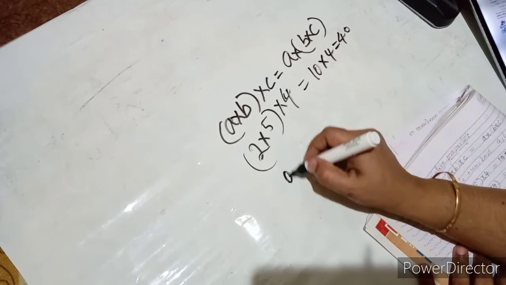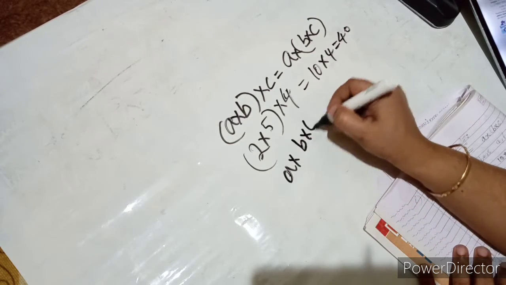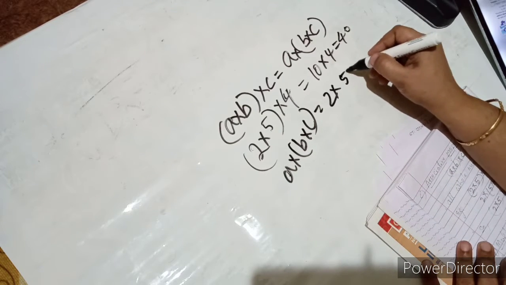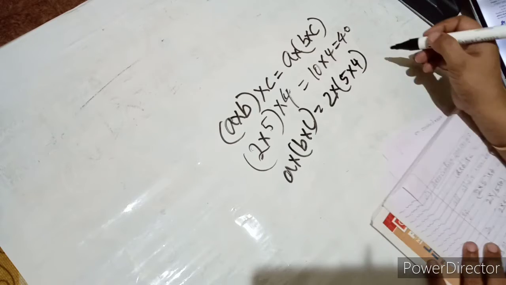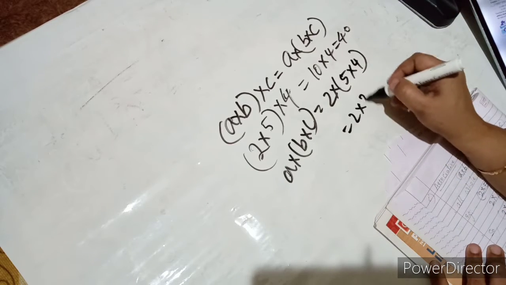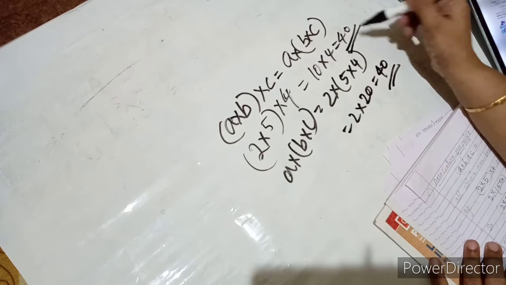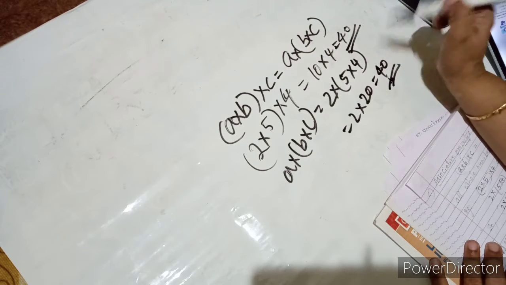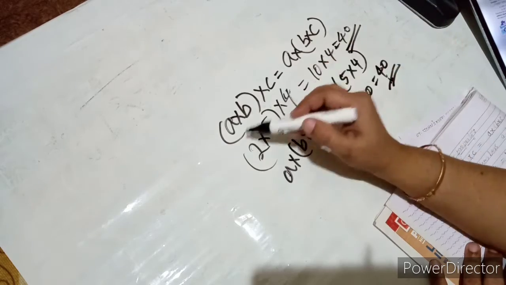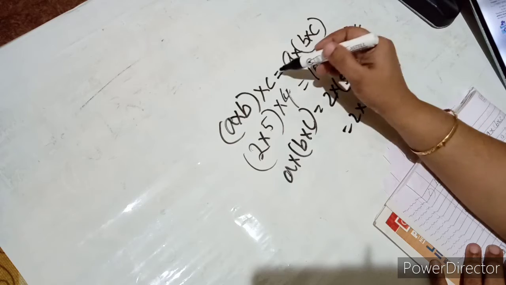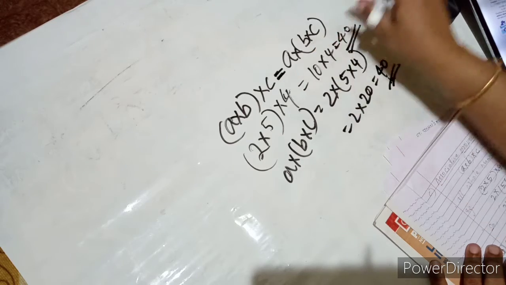And here, A into B into C, taking A as 2, B as 5, C as 4, we are getting 2 multiplied by 20, which is again 40. So these two sums are same. That means if we group numbers in any way, we will get the same product. That is what is associative property of multiplication.